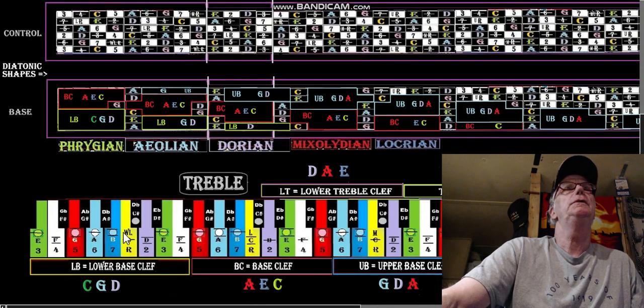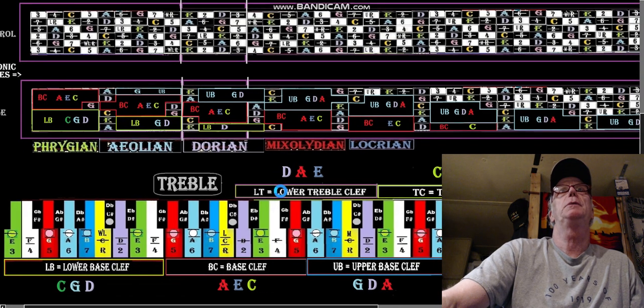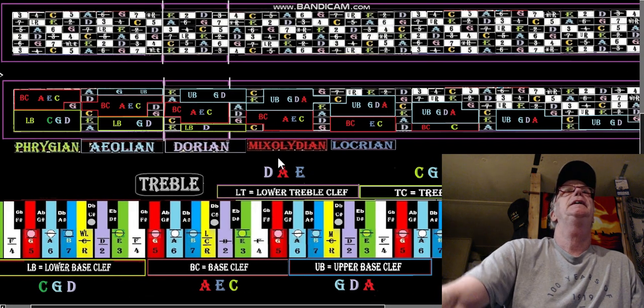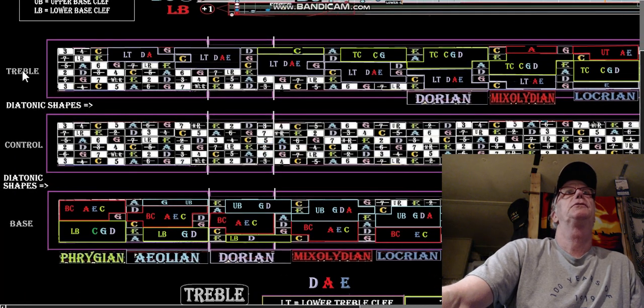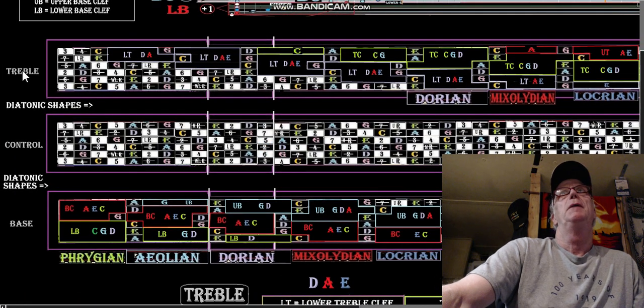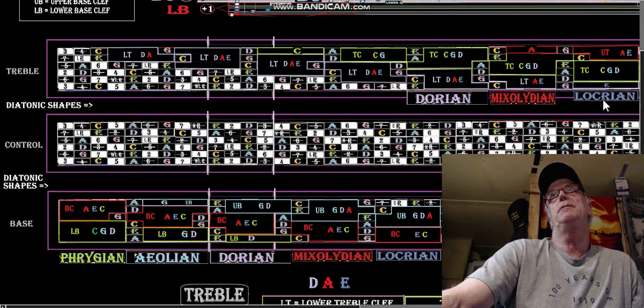So the lower, what we're looking at, D, A, E, the lower treble clef, D, A, E. So we're going to go up to treble clef right here, the treble fretboard. By the way, these diatonic shapes, I've added a little bit of modal here. Oh my gosh, these are modal shapes.